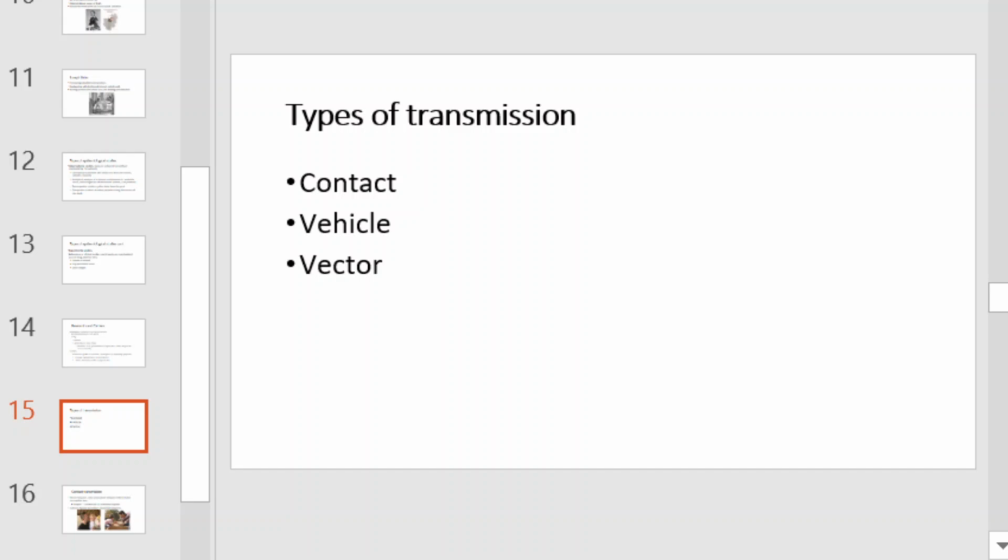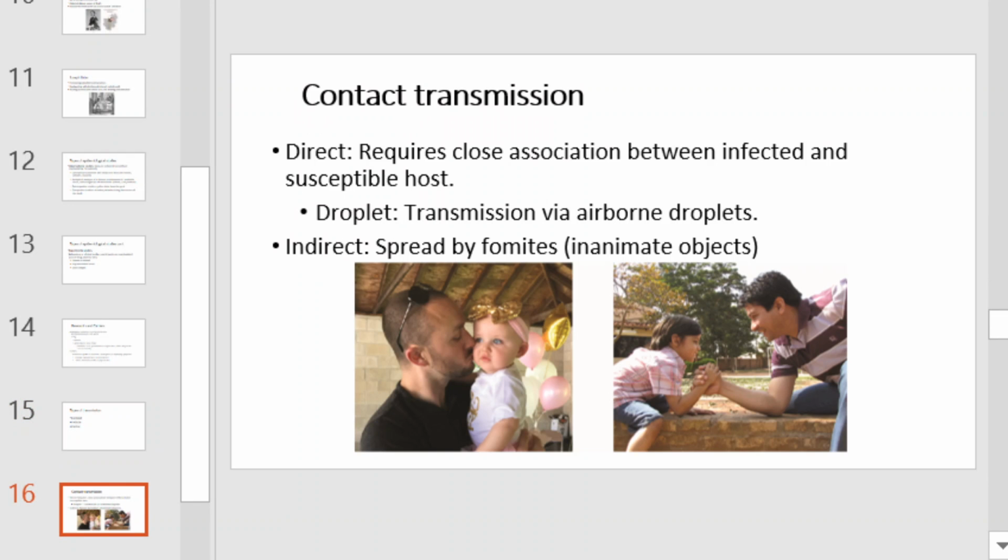Types of transmission: contact, vehicle, or vector. Contact transmission requires close association between infected and susceptible host. Through contact transmission, disease-causing organisms are spread by things like droplets from a cough or a sneeze.